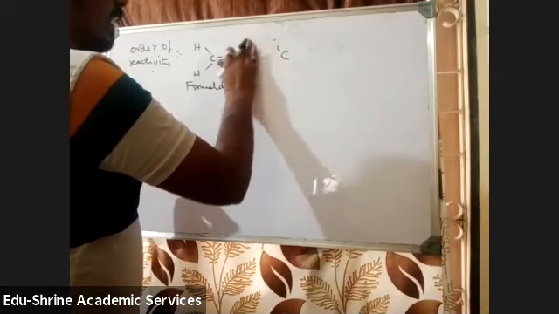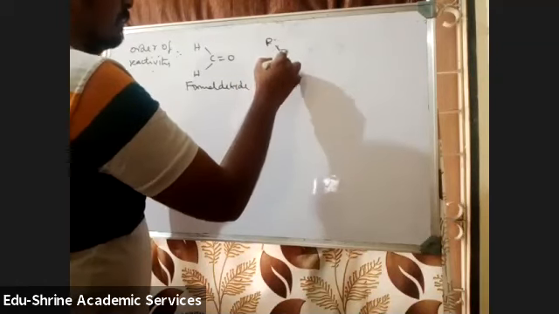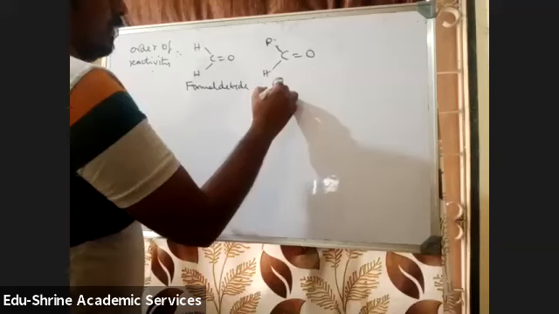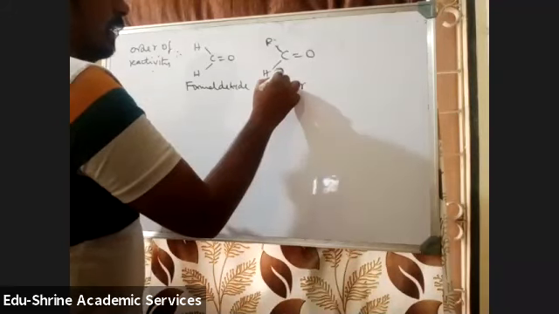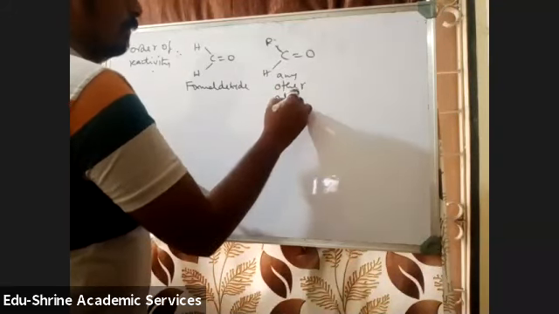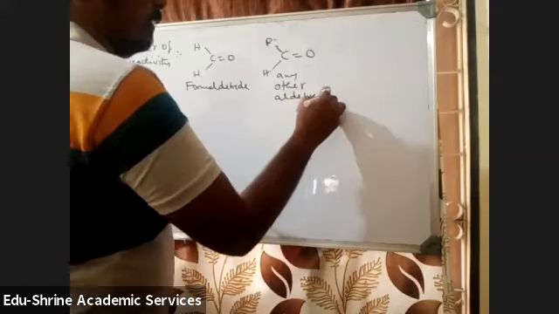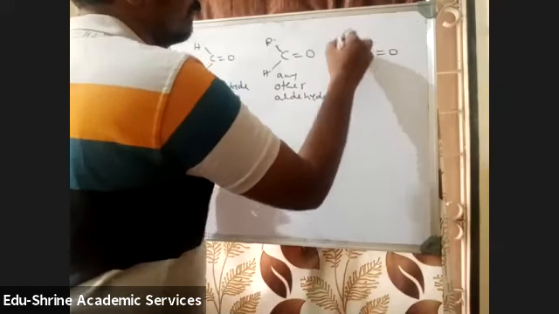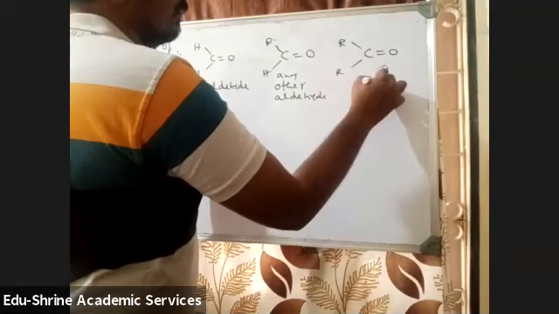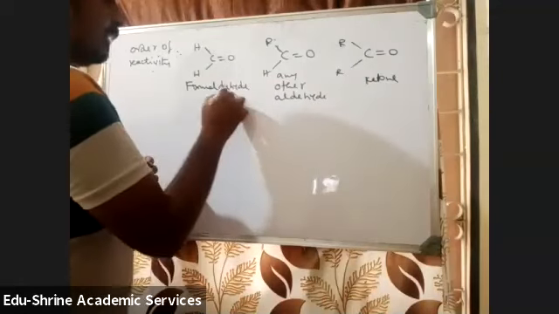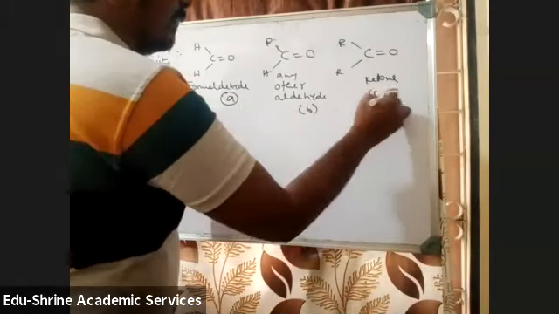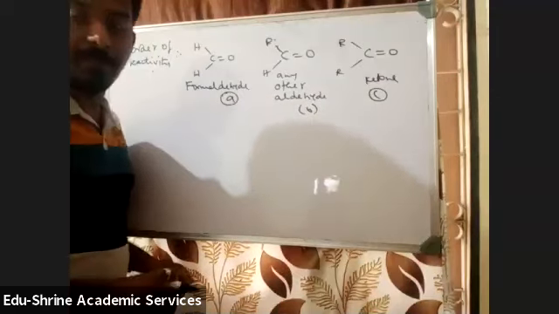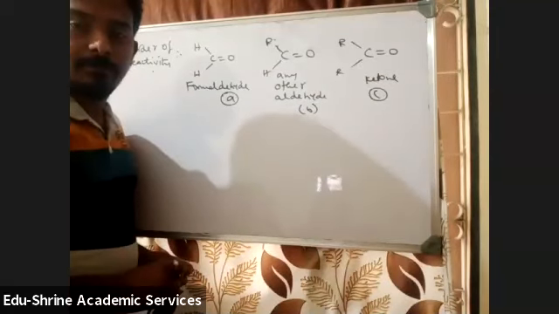Now let us take any other aldehyde other than formaldehyde, and let us take a ketone. Let us consider these as A, B, C. Tell me, students, what will be the order of reactivity?